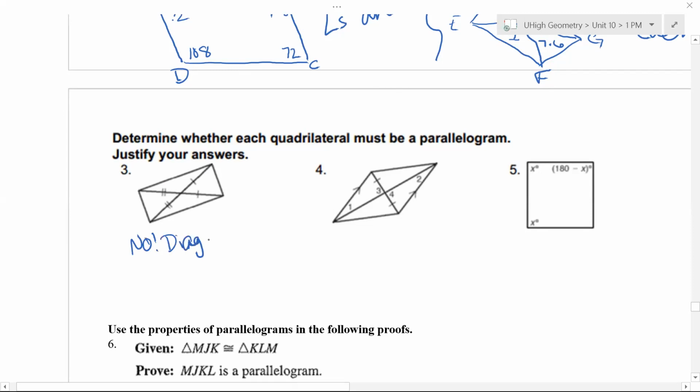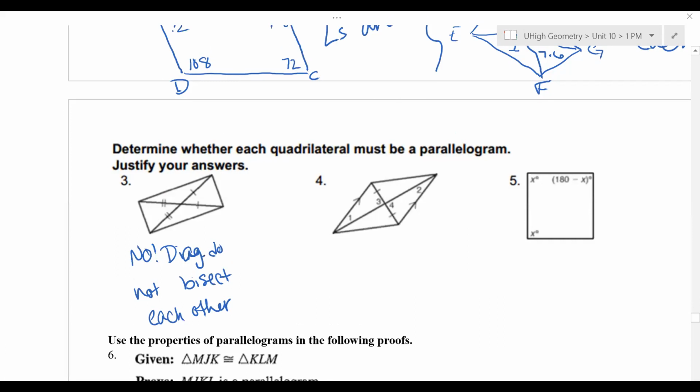The diagonals do not bisect each other, or we don't know whether or not they truly do bisect each other. So we can't say that this is a parallelogram. All right, number 4, this one's going to take a little bit of work to get the answer here.